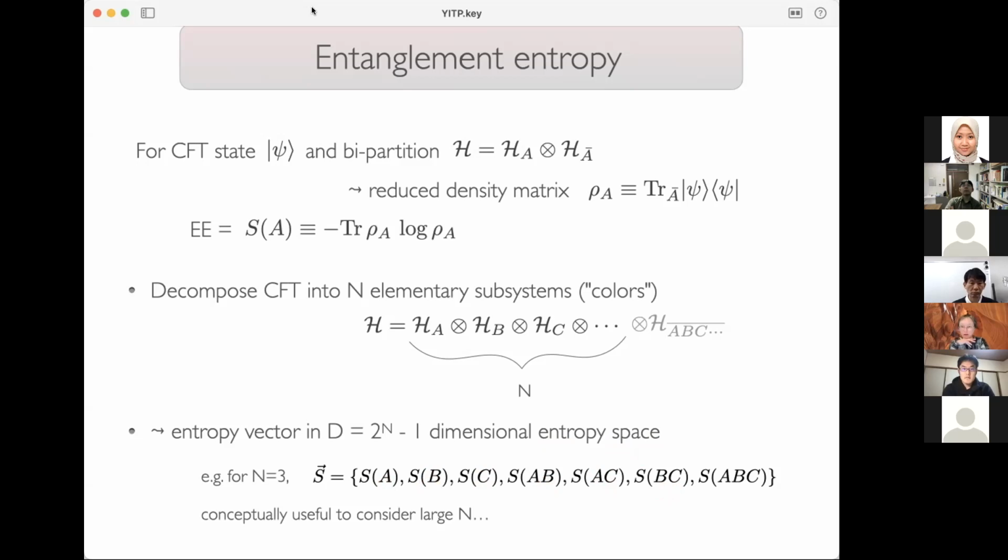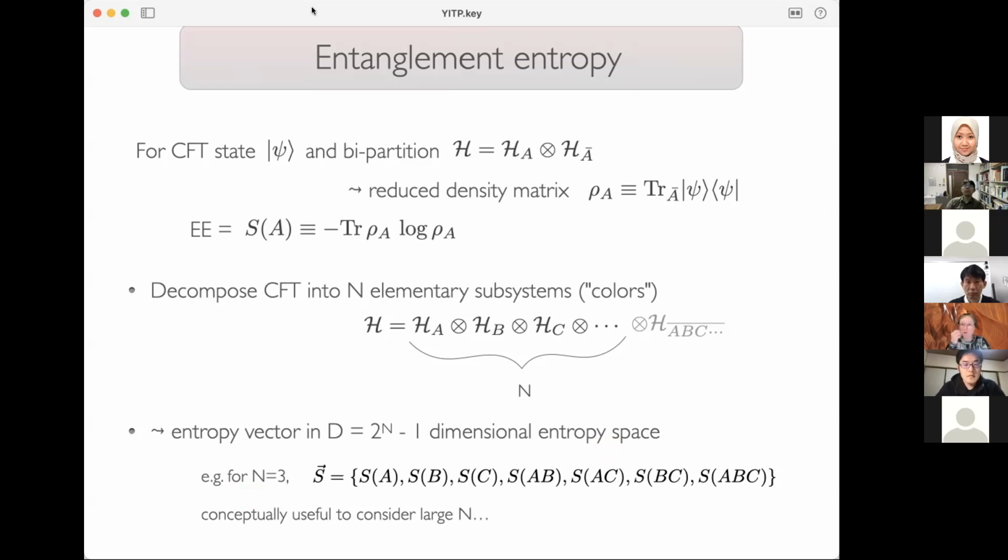Now, for a holographic system, it's useful to utilize the ability of describing arbitrarily small subsystems, because the field theory lives on a continuum, and I can partition that continuum as much as I like, up to some UV cutoff. And so we would like to imagine that we can explore this entropy space when it is very large, when I can have a very refined partitioning.